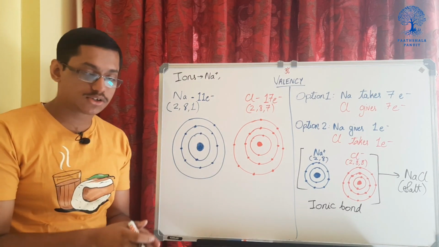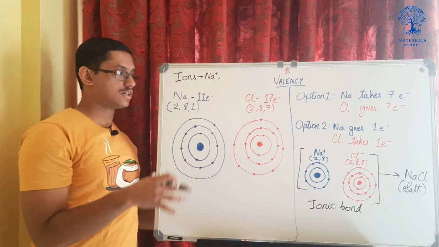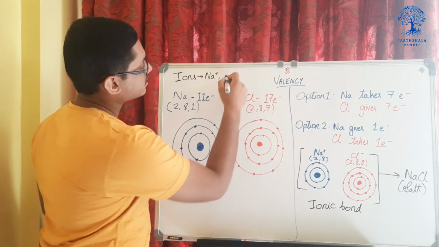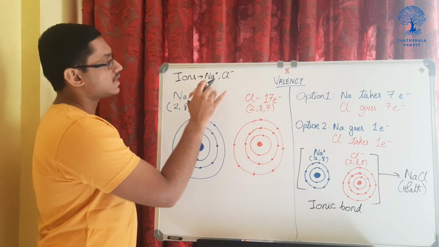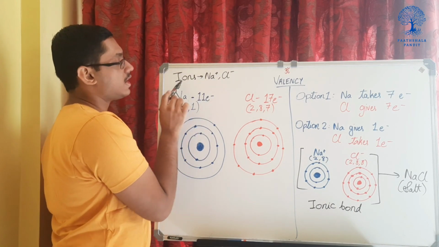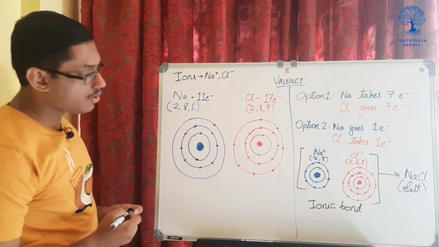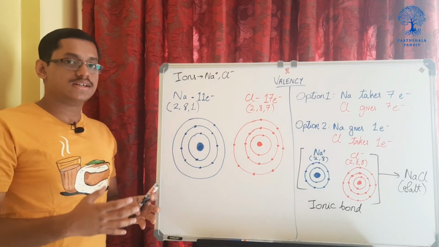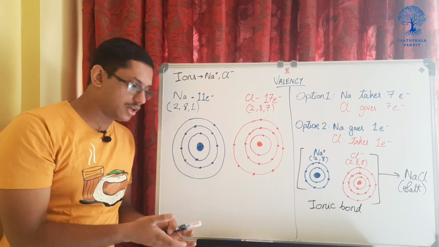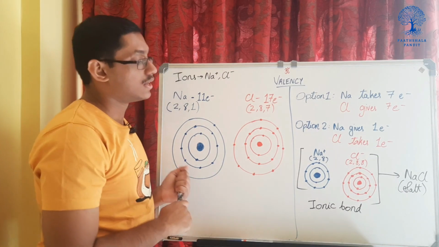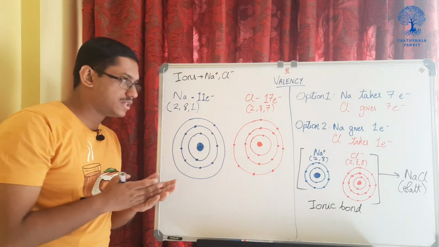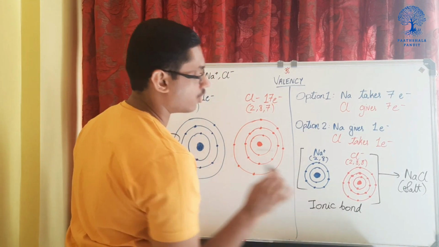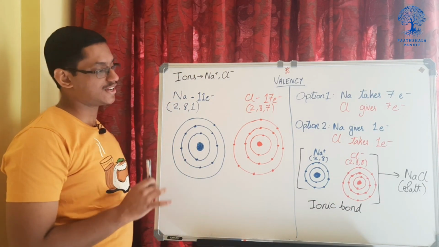But then it takes one electron, so that it can satisfy its octet, and then it becomes Cl minus. So these things which are not neutral are known as ions. So if the atoms are ready to give out or take some negativity or some electrons, then such an understanding is known as an ionic bond. Alright, this is known as an ionic bond.